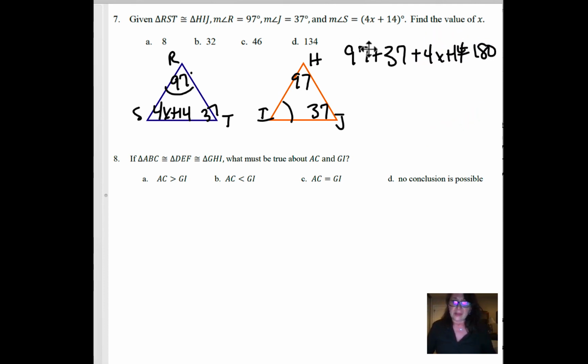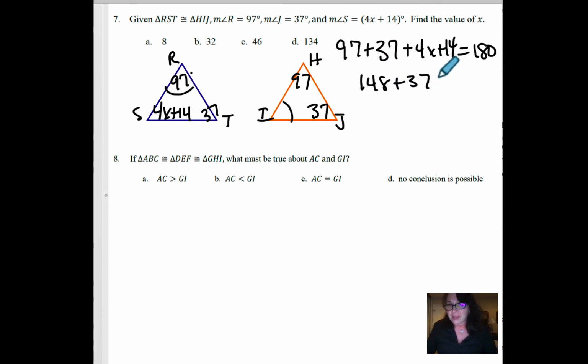Let me move these apart a little bit. And so I'm going to use my calculator. I'm going to go 97 plus 37 plus 14, which is equal to 148. Then I subtract from 180 and I get 32.